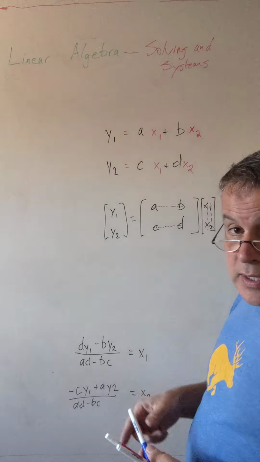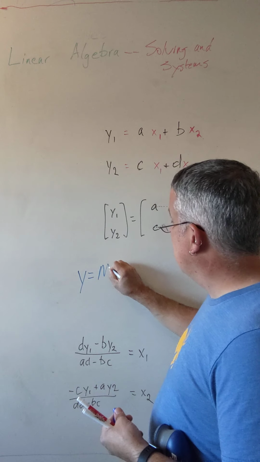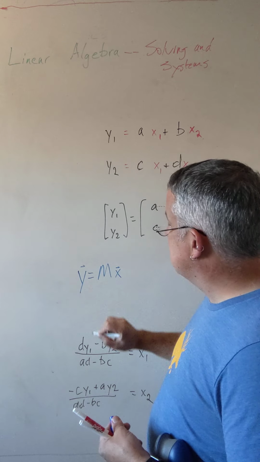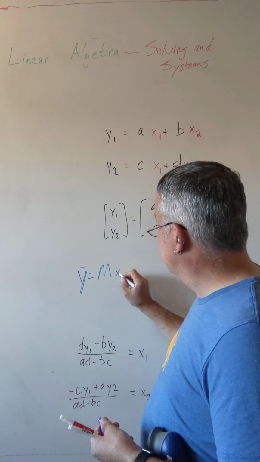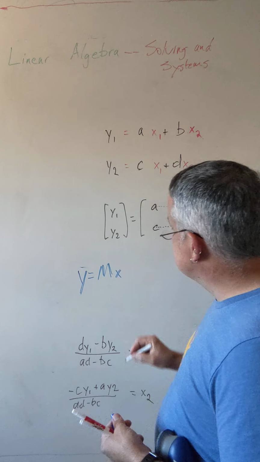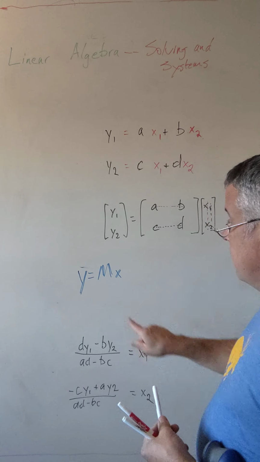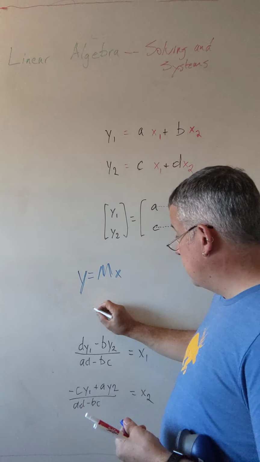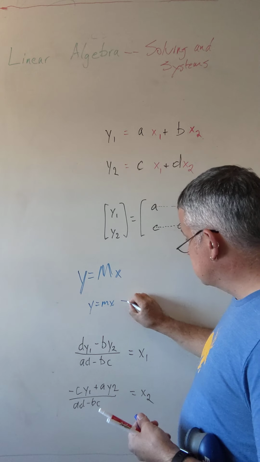Okay, so if we were going to write this in matrix form, we might write it as y equals mx. And sometimes we put little vector signs on top of things. Sometimes we would make these symbols bold. We're going to use bold, which is a little bit more like what's in the notes. And remember, the last time we wrote y equals mx, we said, oh, it's trivial to solve that.